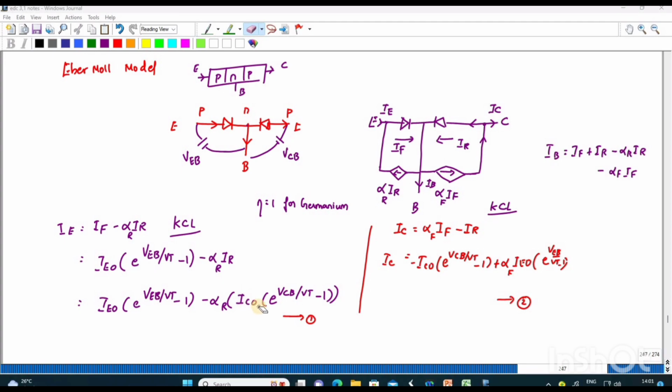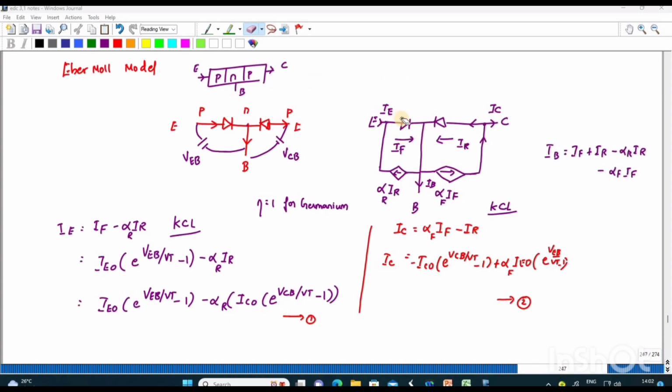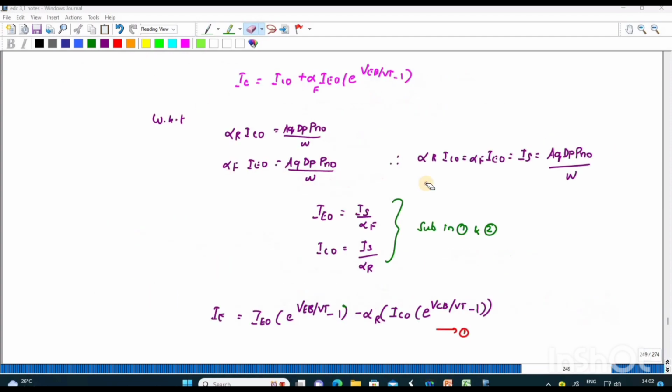Instead of IC naught into e power VCB by VT minus 1, you have to substitute minus IC naught, so I will get plus IC naught here, since I have applied a reverse bias to the collector-base region. Similarly I can write IC is equal to IC naught plus alpha F IE naught into e power VEB by VT minus 1.